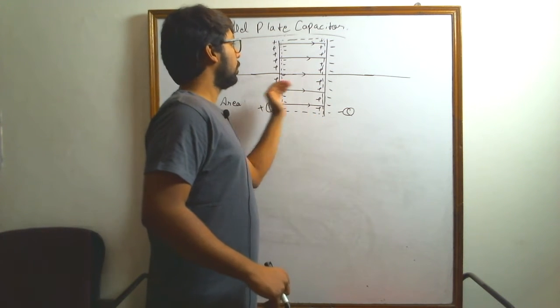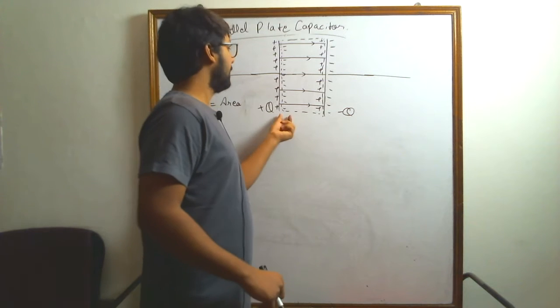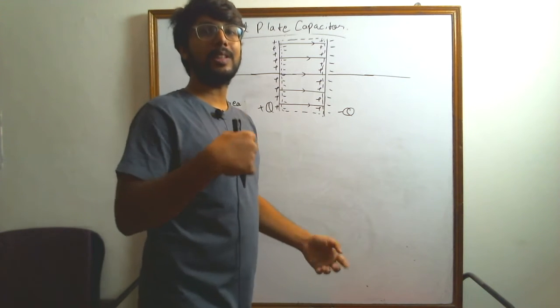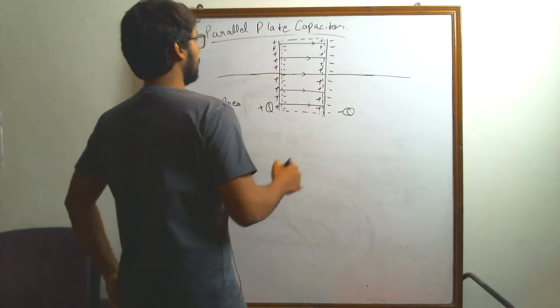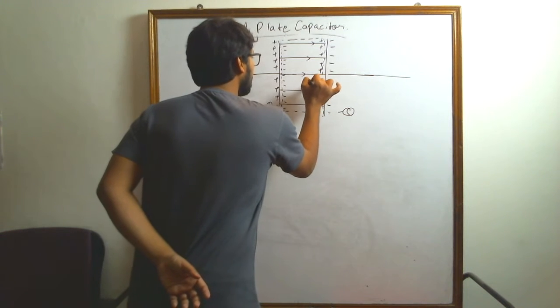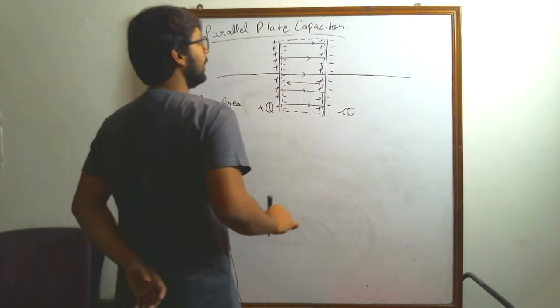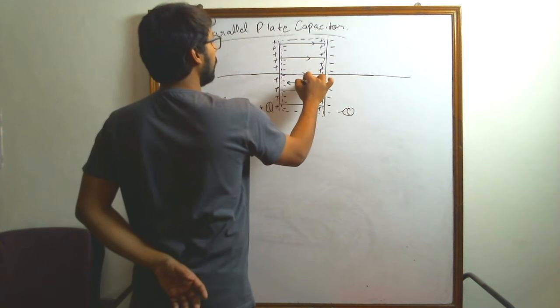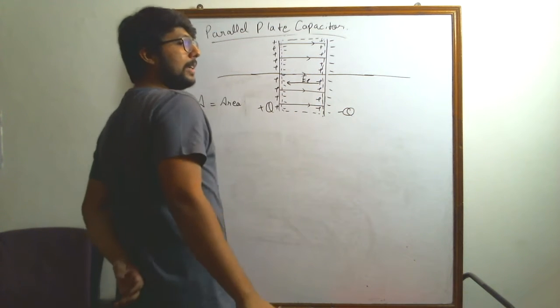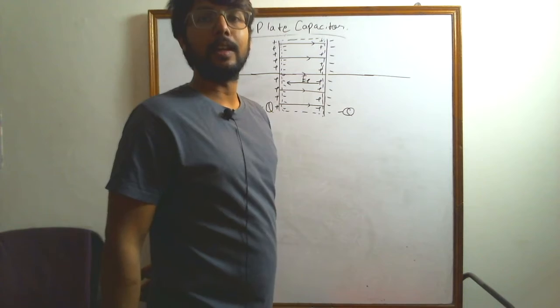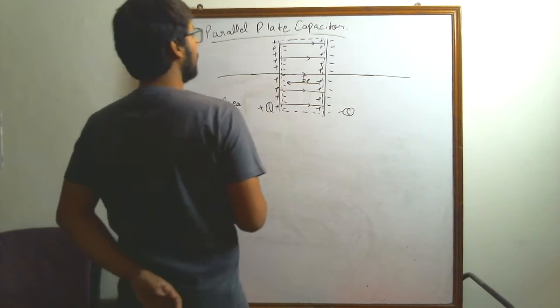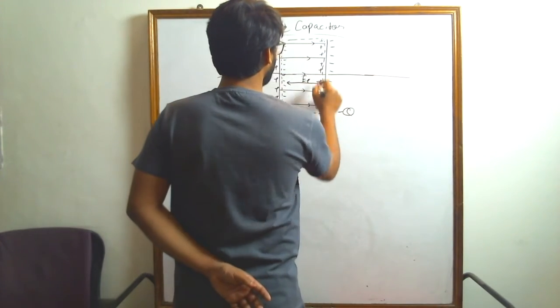Positive charge towards the direction of the electric field and negative charge opposing the direction of the electric field, creating a pseudo electric field inside the dielectric.